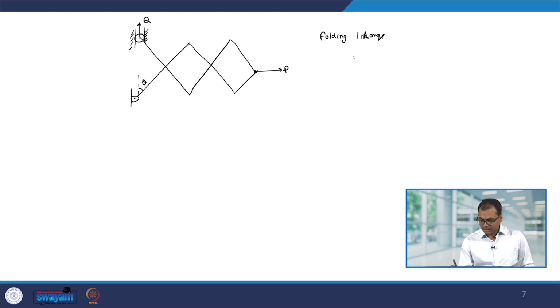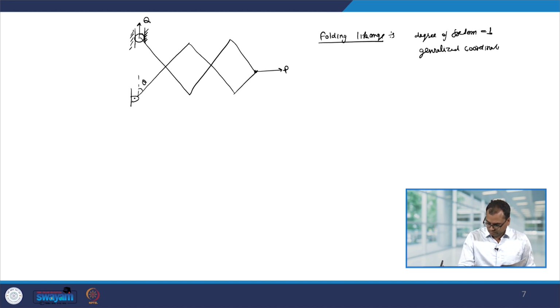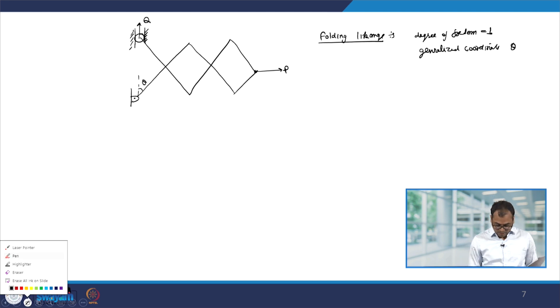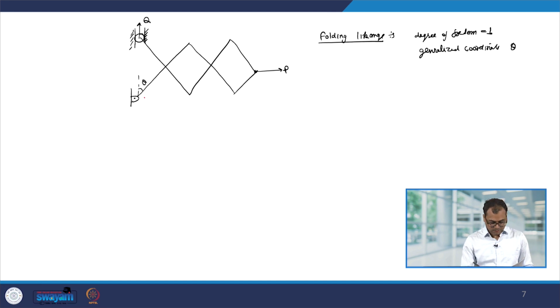Therefore, its degree of freedom is 1, and the generalized coordinate is theta. Now, let us look at the virtual displacement. Under the action of this force P, I can assume that this link is going to be like that.